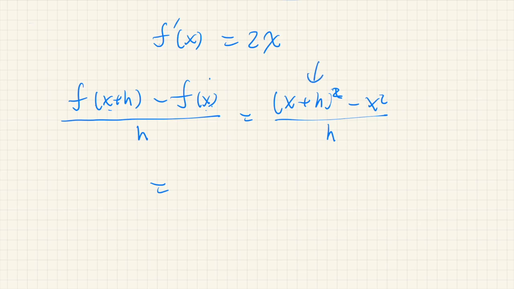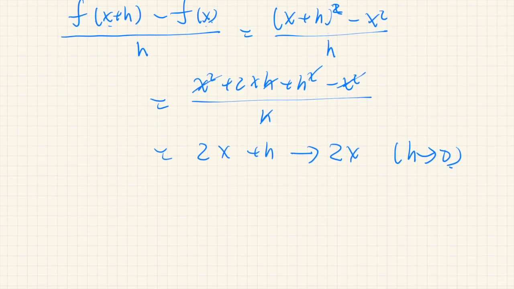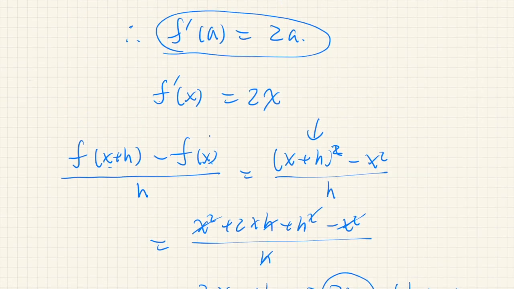If you expand this, we have x squared plus 2xh plus h squared minus x squared, but the x squared terms cancel. The h cancels too, and we have 2x plus h, which converges to 2x as h goes to 0. So again, f prime of x is 2x, as we found before.